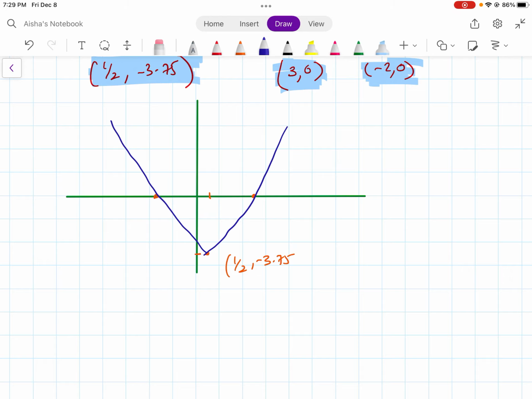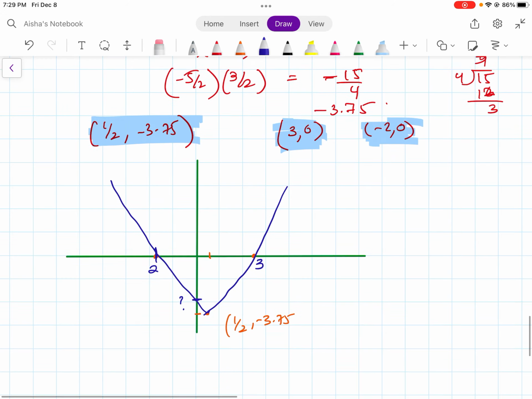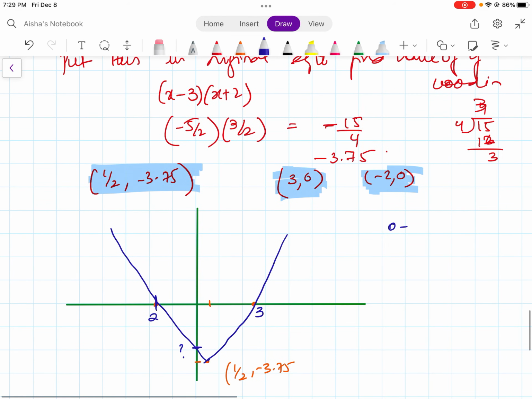Okay. This is 3. This is 2. This is, and we still need to find this out. This is y-intercept. How do we find out the y-intercept?